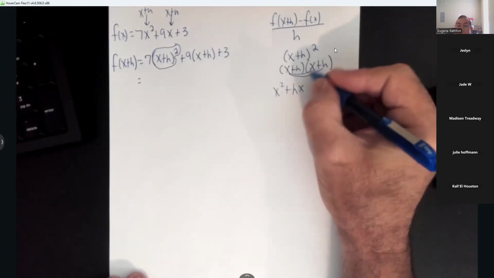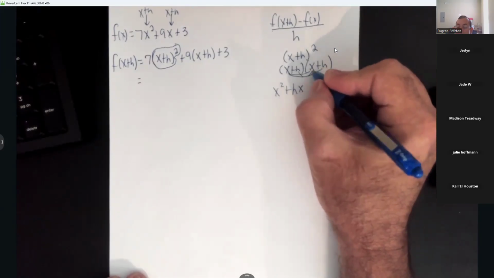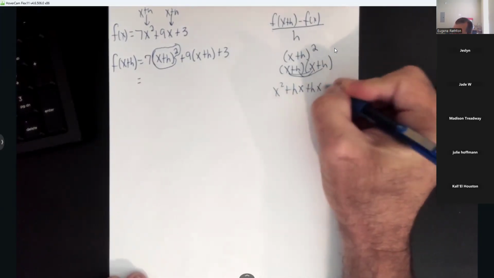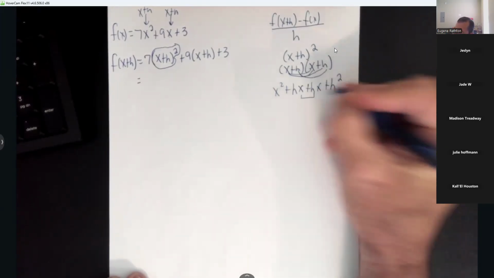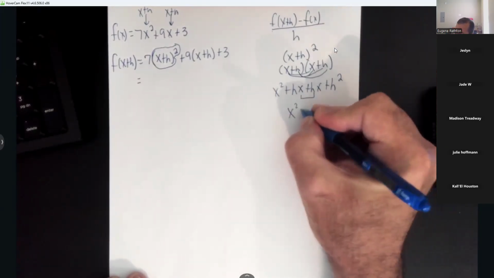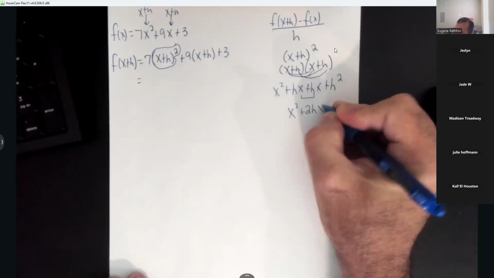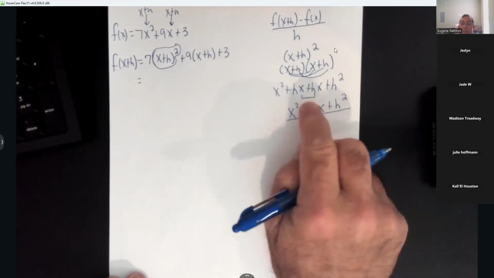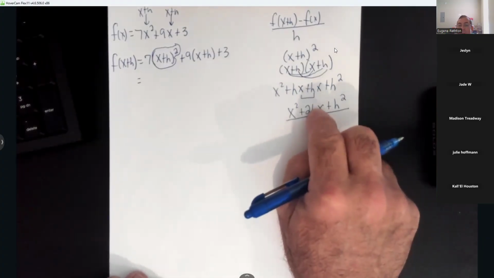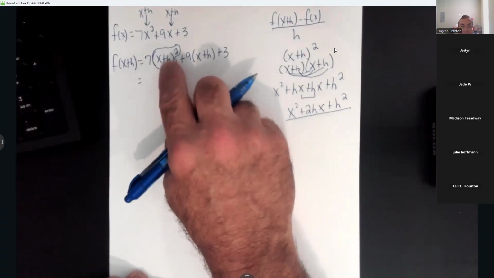I'm just keeping mine in alphabetical order. Plus hx in the middle, plus h times h, h squared. Add the like terms and you get x squared plus 2hx plus h squared. Save that because y'all are going to use the same thing as I did on that part right there.